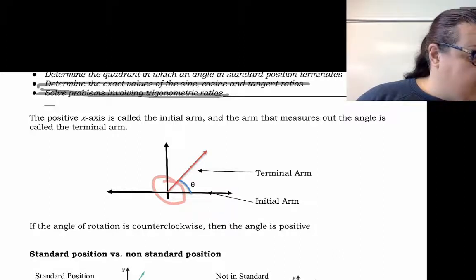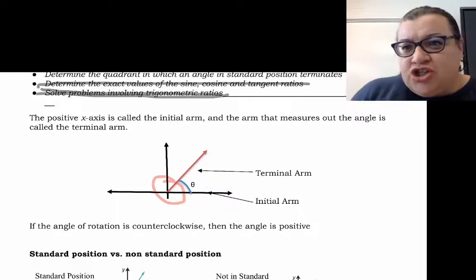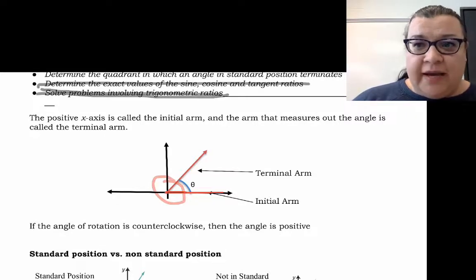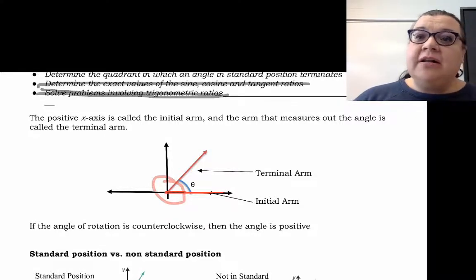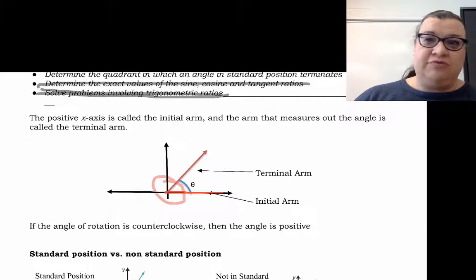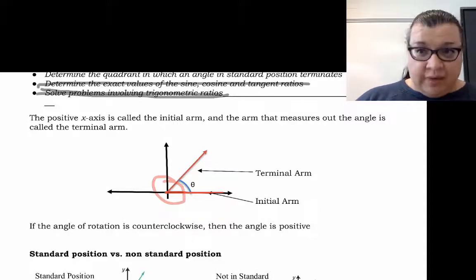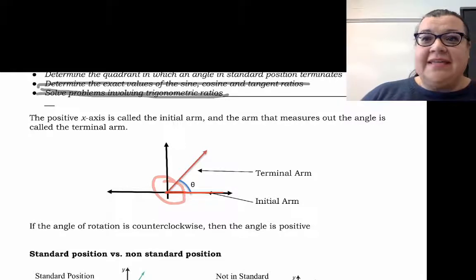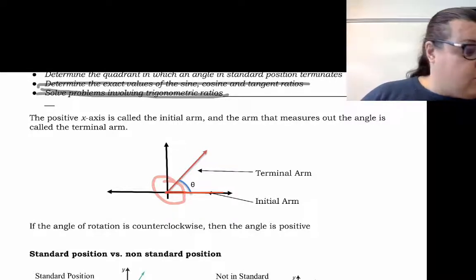What we call the initial arm, so you can kind of view it as the starting arm, always lies on the positive x-axis, always. And then the terminal arm, so the arm that rotates in a counterclockwise way from the positive x-axis to create the angle, that's going to lay somewhere in the 4 quadrants of the coordinate grid.